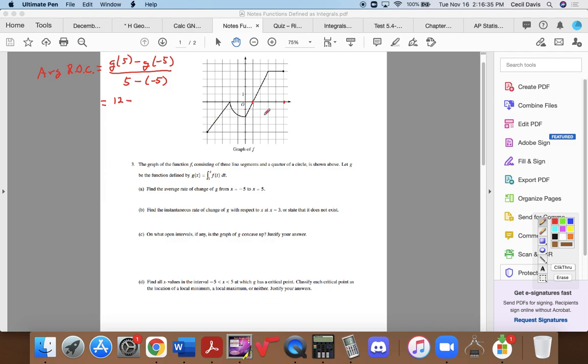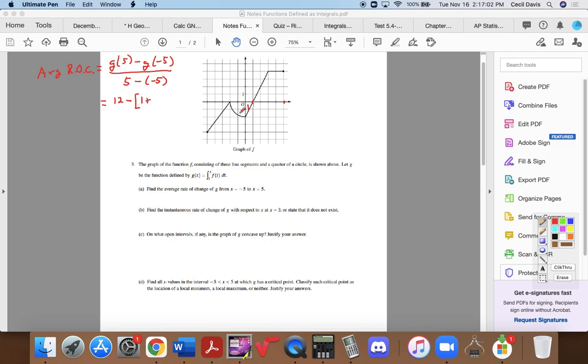Minus g of -5, well, that's a little uglier. So notice I'm going backwards, right? I'm going from 1 to -5. And all this is below the axis, so all that's going to be positive. So I've got this little triangle right here whose area is 1.